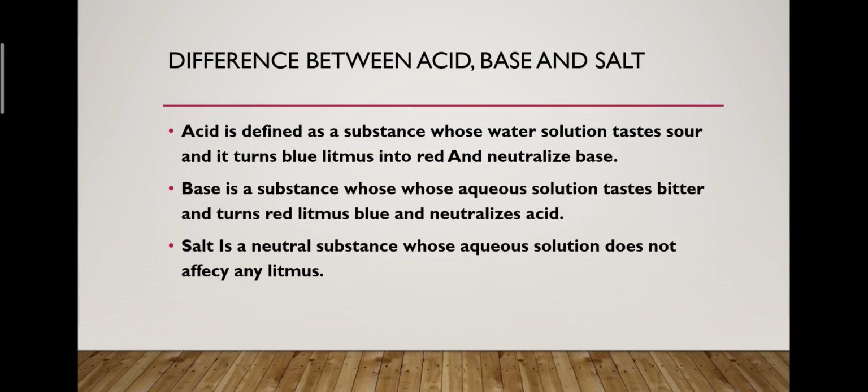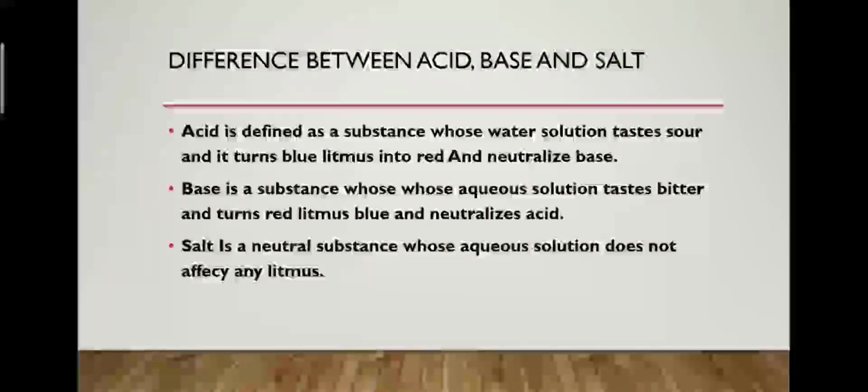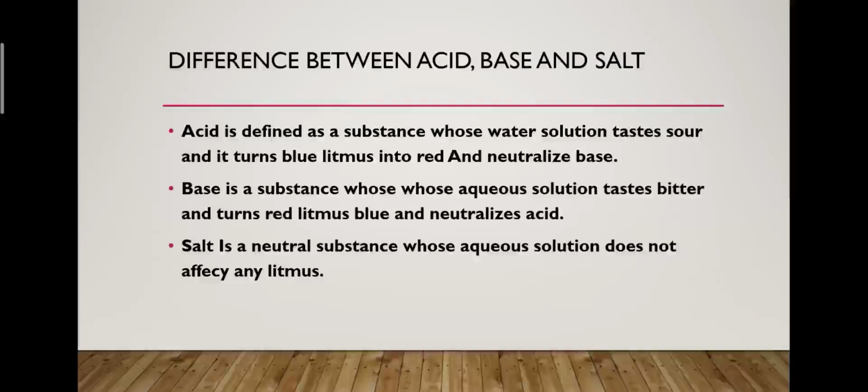Now, a salt is a neutral substance whose aqueous solution does not affect any litmus. If we dip any litmus paper, either blue or red, in a salt solution, it will not be affected at all.